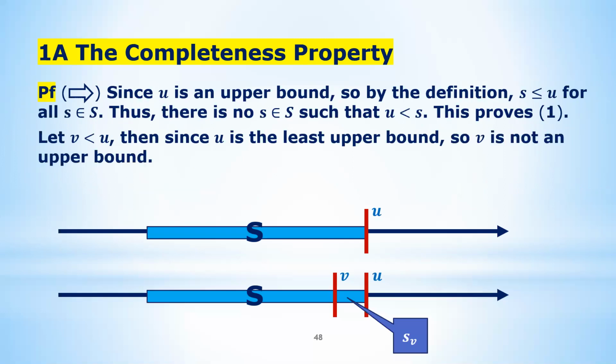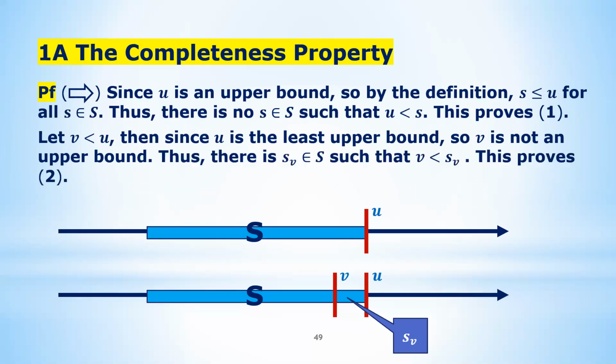So V is no longer an upper bound because U is the least one. How come V, which is less than U, is another upper bound? That's impossible. So V is not an upper bound. Now, if something is not an upper bound, this means that there must be some element greater than V. That's what we call S sub V. So this proves property 2.